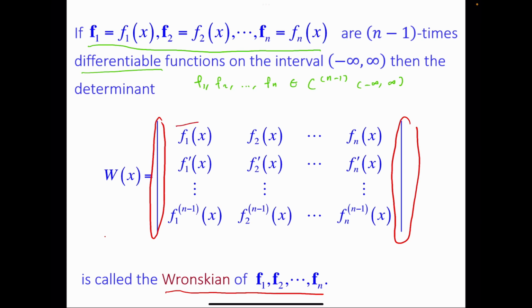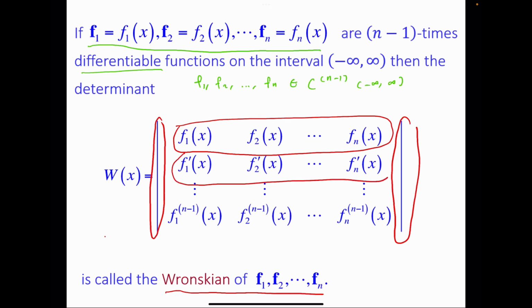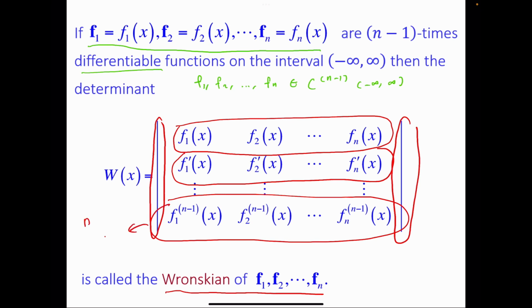In the first row, we list all the vectors, in the second row, we list the first derivative, and in the nth row, we list the n minus 1 derivative of every vector. This determinant is called the Wronskian of these functions, and it is denoted by W(x).